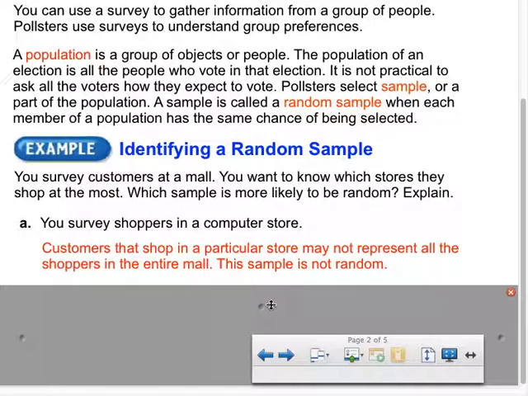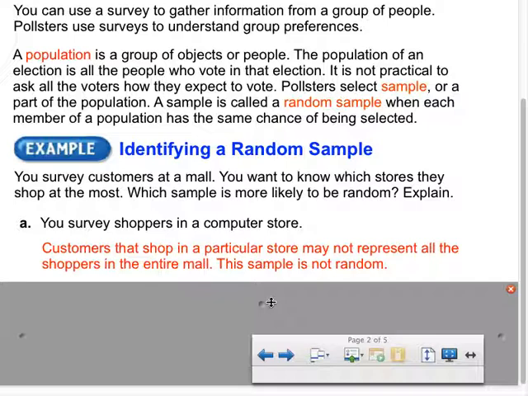And here's the book explanation. You need to have an equal possibility of selecting anybody shopping at the mall. If you're just at the computer store, you're not giving everybody an equal possibility of being surveyed. Customers that shop in a particular store may not represent all the shoppers in the entire mall. So that's not a random sample.